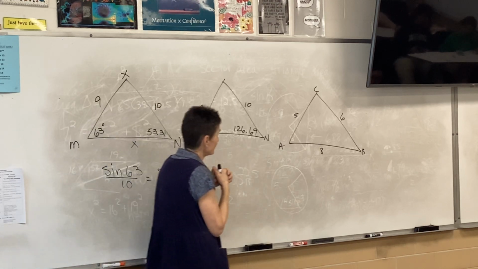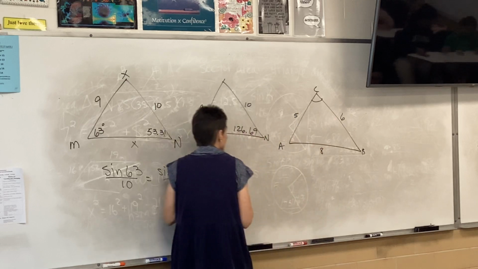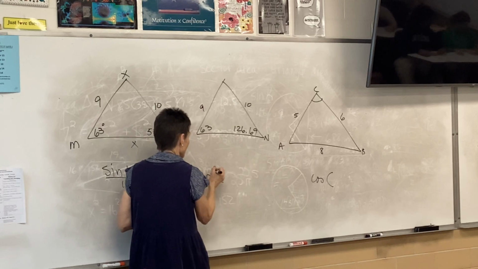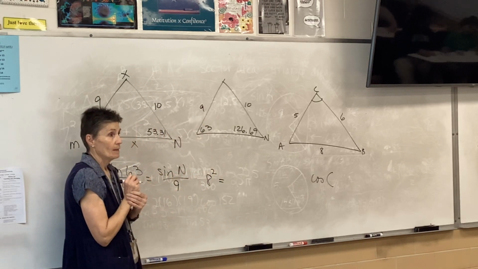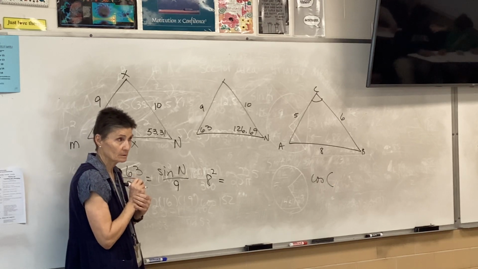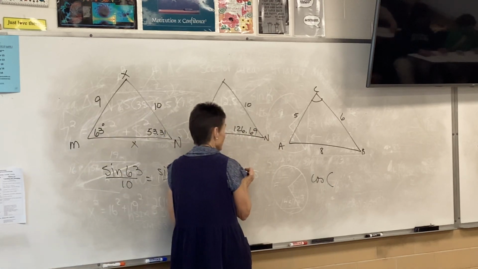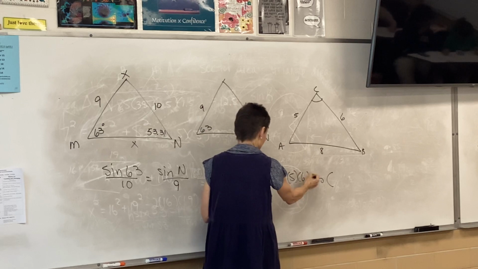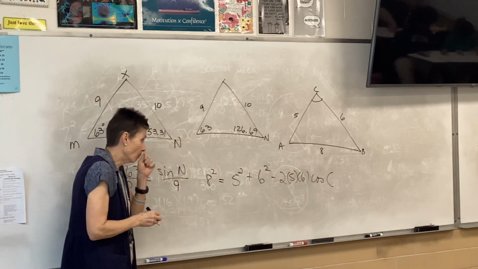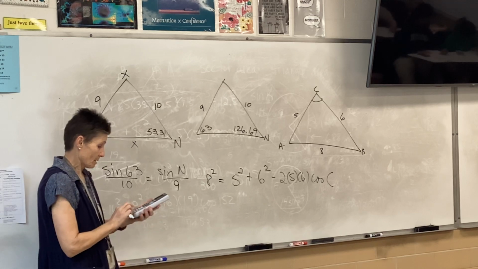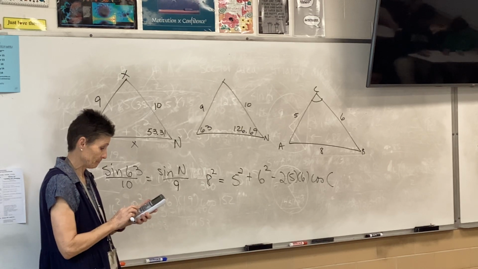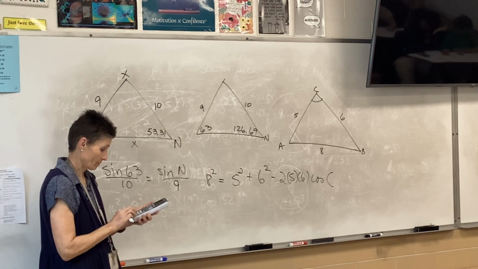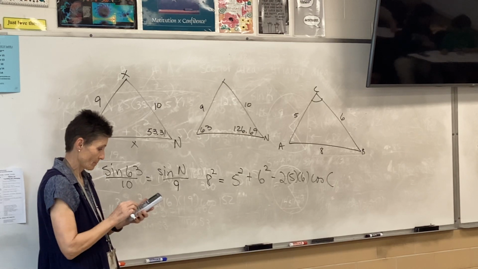Largest angle would be C. So if we want cosine C out here, then we're going to have 8 squared over here, right? And then in the middle will be 5 squared plus 6 squared minus 256. Well, we did one of these just a few minutes ago. Go ahead and type that in and see if you can get your answer.